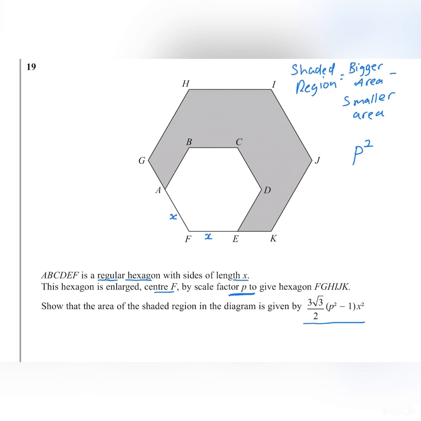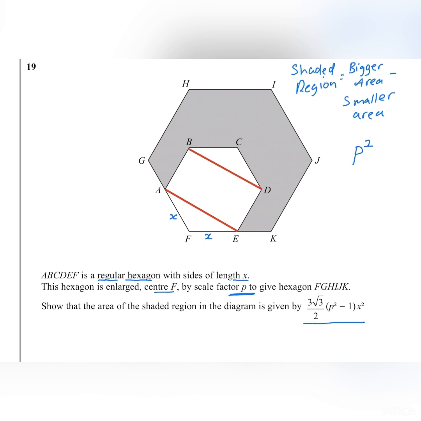Okay, so I'm going to start off by looking at the smaller hexagon. If I draw out a triangle here and a triangle here, I make it into two triangles and a rectangle, and I can find the area of both of these triangles and then the rectangle and add them together.